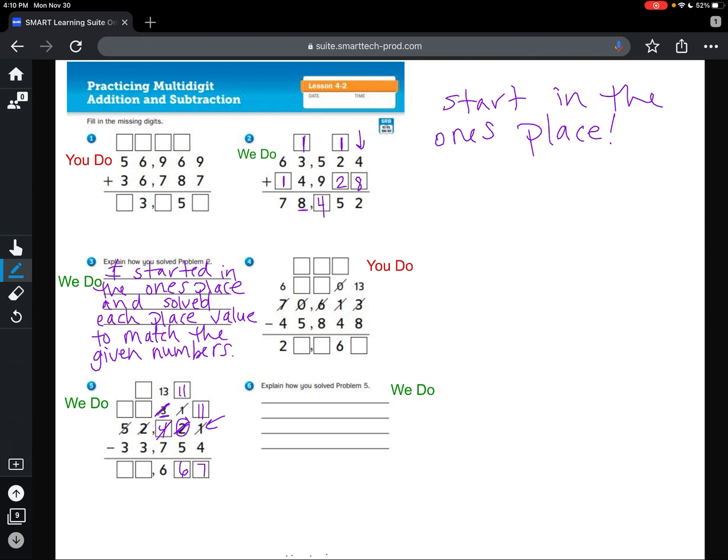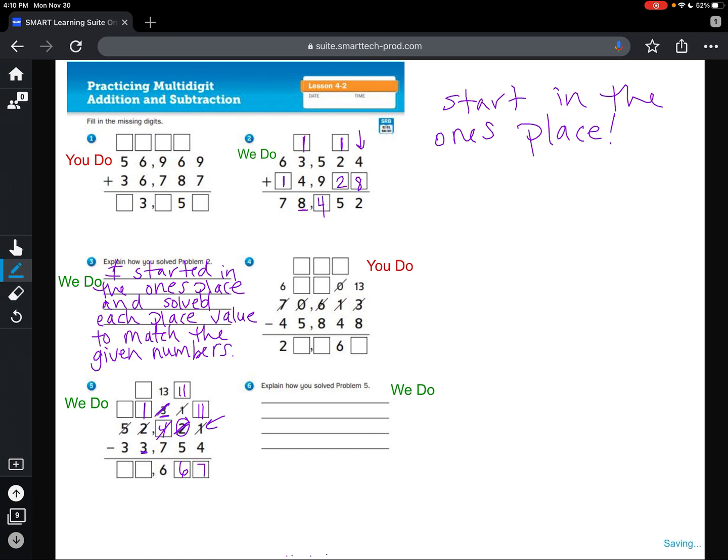Then the next thing I'm going to do is look at the fact that I had to borrow in the hundreds place, which means I'm going to have to cross off my 2 in my thousands place and make it a 1. But can I do 1 take away 3?